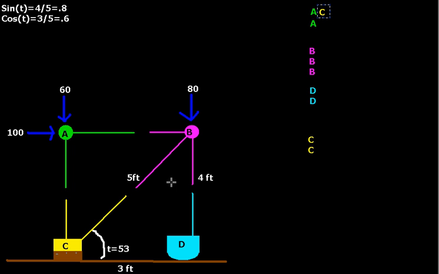A and B are pressing on each other. B and C are pressing on each other. That's a force that's going on. What else do we have? We've got B and D pressing on each other.